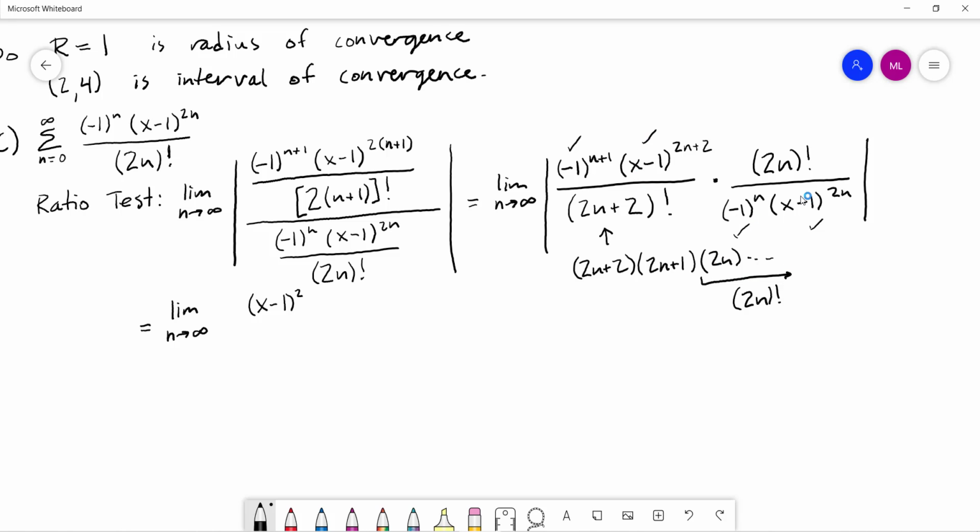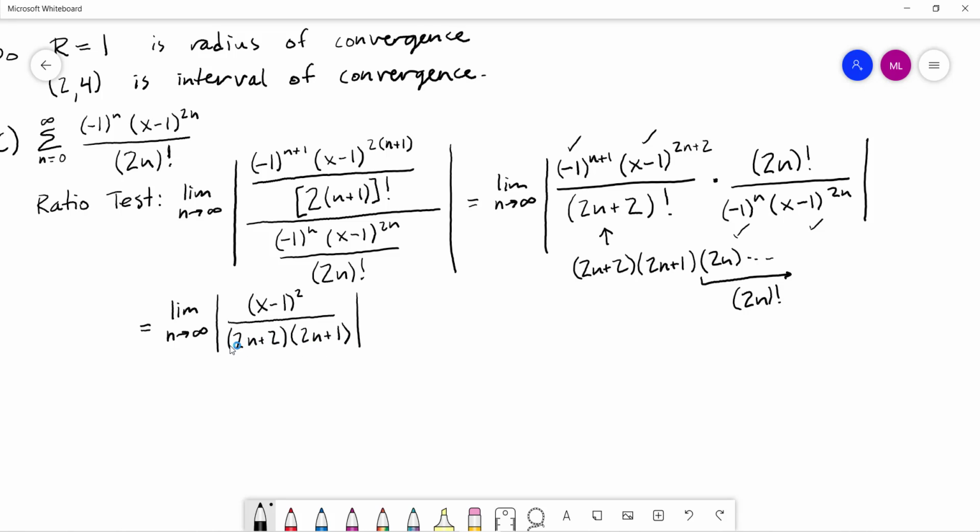So these parts will all cancel with this part, and what I'll be left with are just these two factors. So that's what I'm going to write down here. (2n plus 2) times (2n plus 1). Those are all the terms that didn't get canceled. And if we want, let's keep our absolute values there for the time being, but it's not going to really matter.